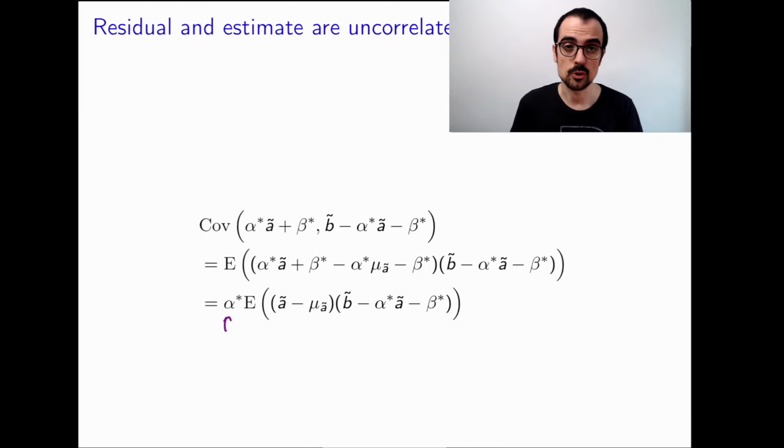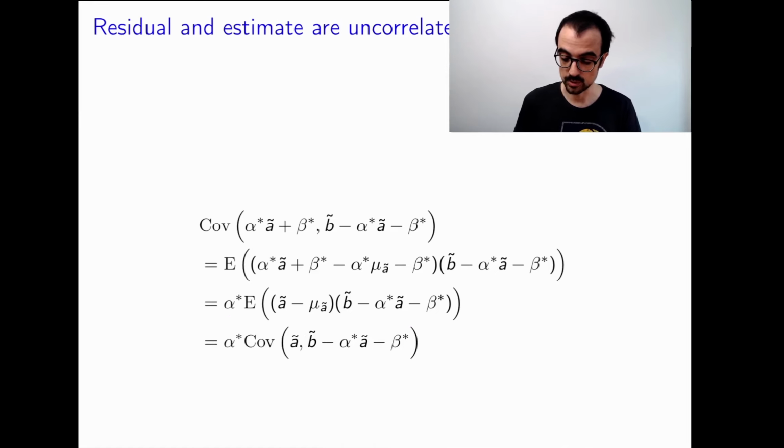It's therefore proportional to the covariance between A and the residual. Okay, this is just equal to alpha prime times the covariance between A and the residual. We have just proved that the covariance between A and the residual is 0. This makes a lot of sense, right? If A and the residual are uncorrelated, any affine function of A and the residual are also going to be uncorrelated, and this proves it.